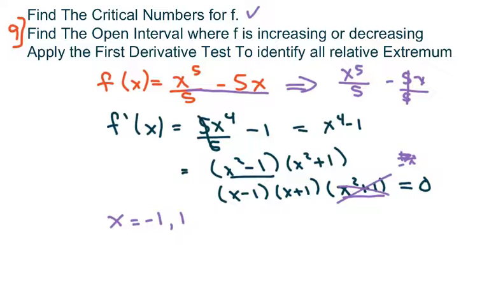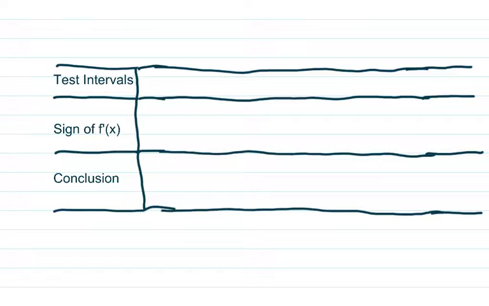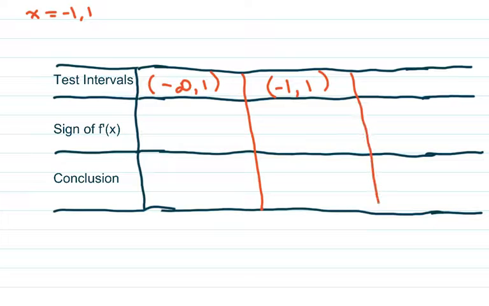So we did both of these. And now we're going to find the open intervals. So first of all, our critical numbers are x equals negative 1 and 1. So we're going to test intervals from negative infinity to negative 1, and then negative 1 to 1, and then 1 to infinity.